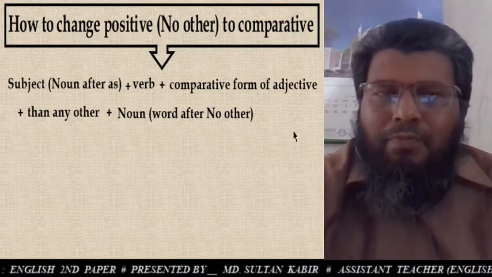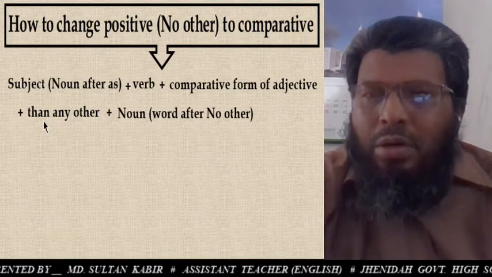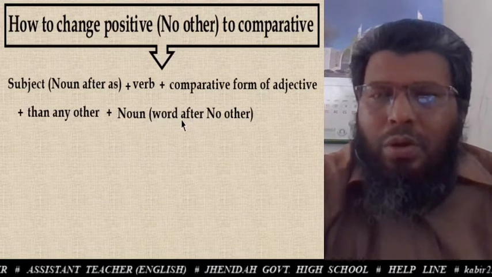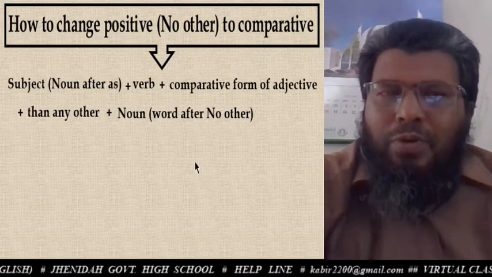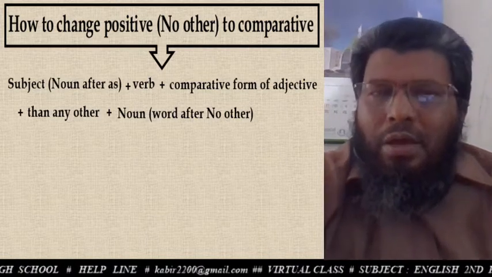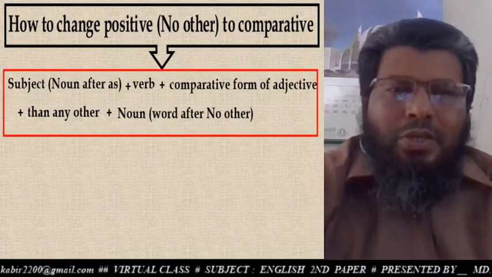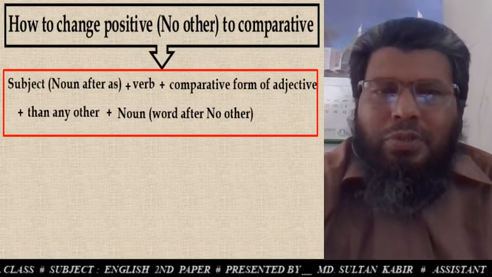After the comparative form of the adjective, we'll write down the words then any other, plus noun. The noun after no other. That means after no other, there will be a noun. The noun can be inserted after then any other. Okay. So this is the structure of changing a positive to comparative.